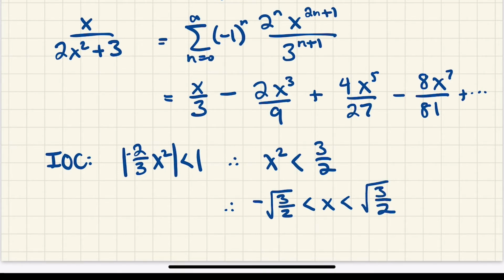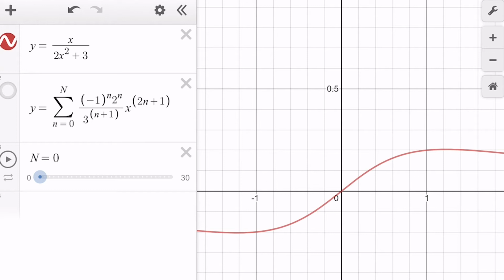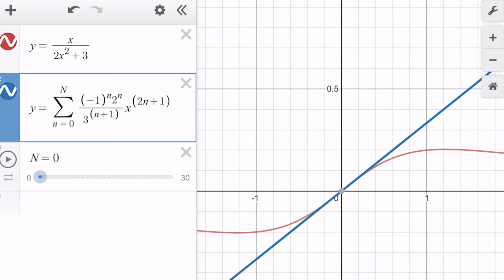Okay, let's go to Desmos and see if this actually makes any kind of sense. All right, so here we have our function x over 2x squared plus 3 graphed. And let's turn on this series. Now, of course, Desmos, again, is not smart enough to handle a series up to infinity yet. So we have to do the partial sum up to capital N, and currently capital N is set to 0.